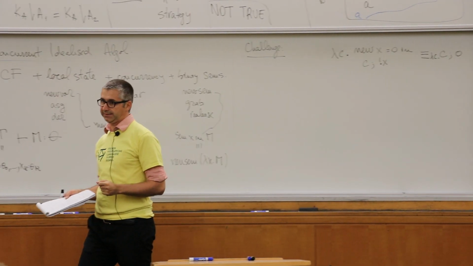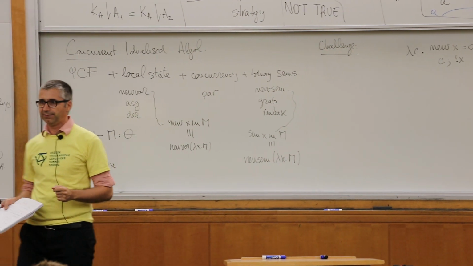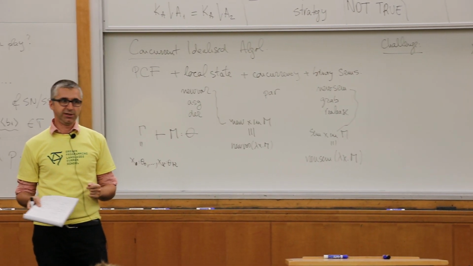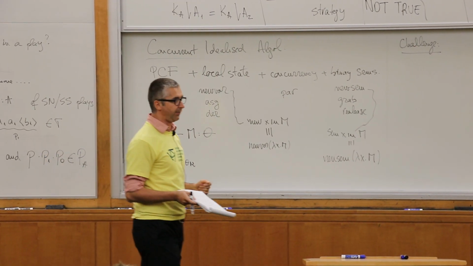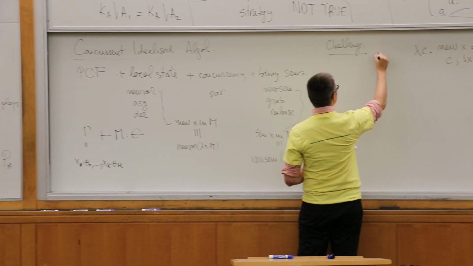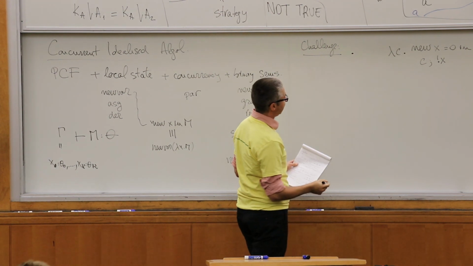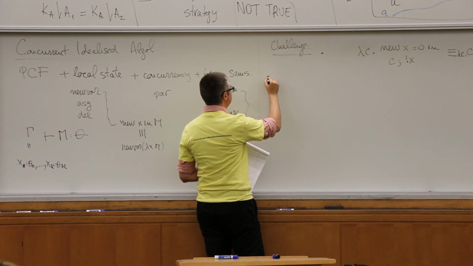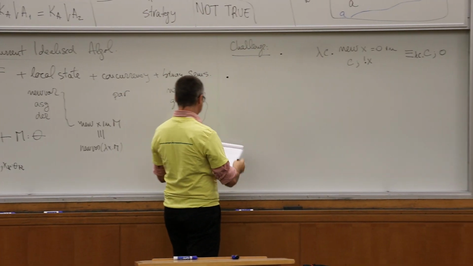You need very sophisticated operational reasoning relying on parametricity. So yeah, let's give you another one. If you, by some miracle, manage to do this one, let's see if you can do this one.